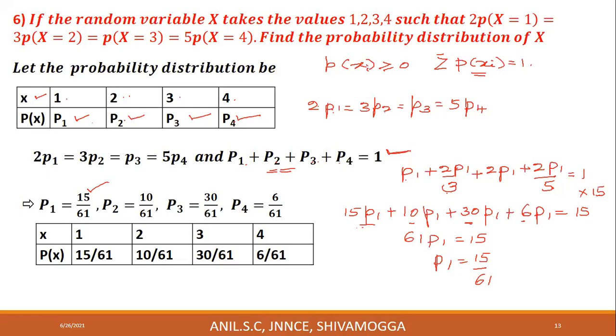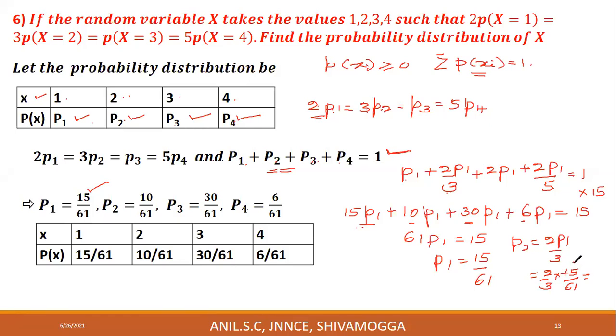Now let's find p2. p2 is equal to 2p1 divided by 3, that means 2 by 3 p1. And we know that p1 is equal to 15 divided by 61. Simplify this. 15 is exactly divisible by 3.